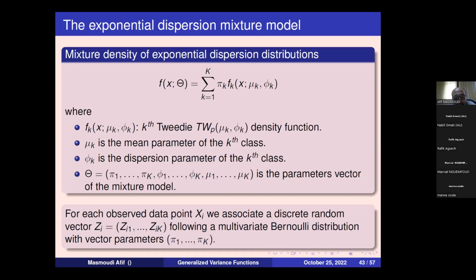So here the problem is that each observation has a class label, which is 1 or 2 or 3 or k. But the class label is a hidden variable, it is not observable.